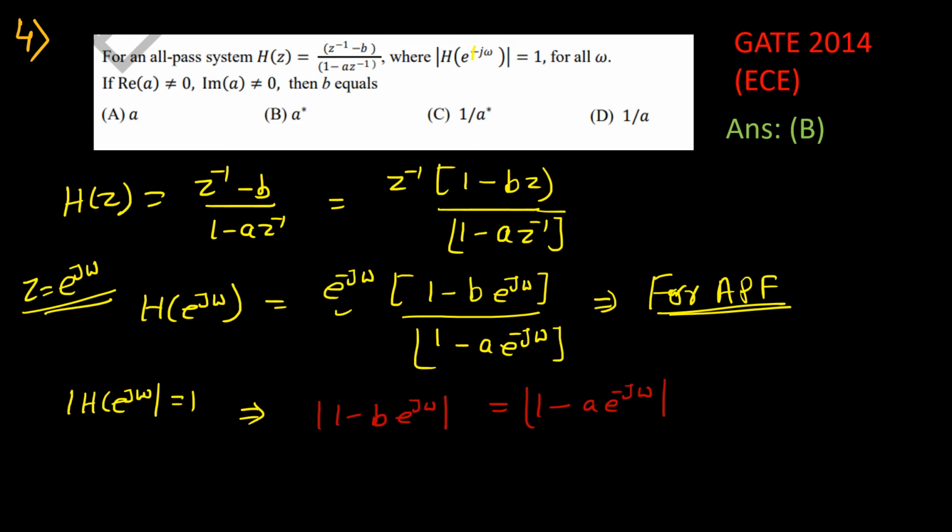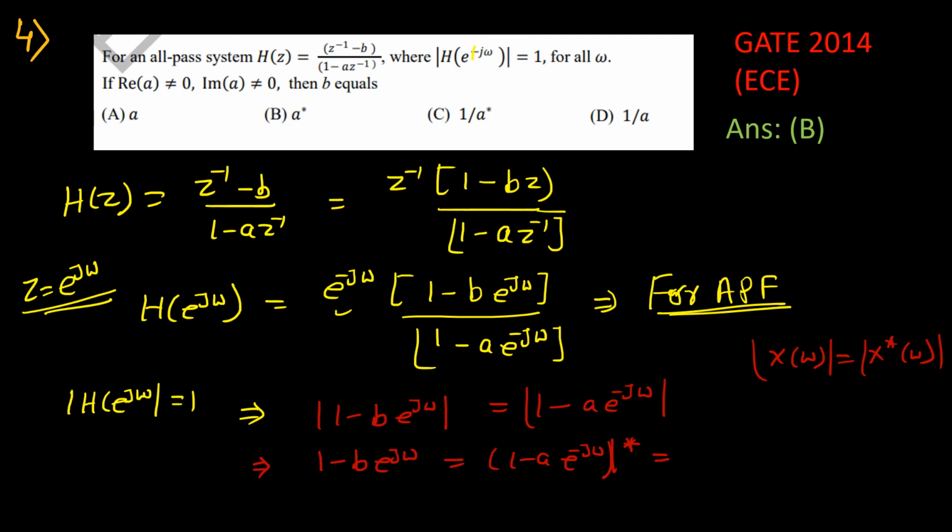Okay, so if the magnitudes are the same, then for any function X of omega and X star of omega, its conjugate, their magnitudes are the same, you understand, no? So simply I can say this will be true if I consider 1 minus b e to the power j omega, and 1 minus a e to the power minus j omega's conjugate.